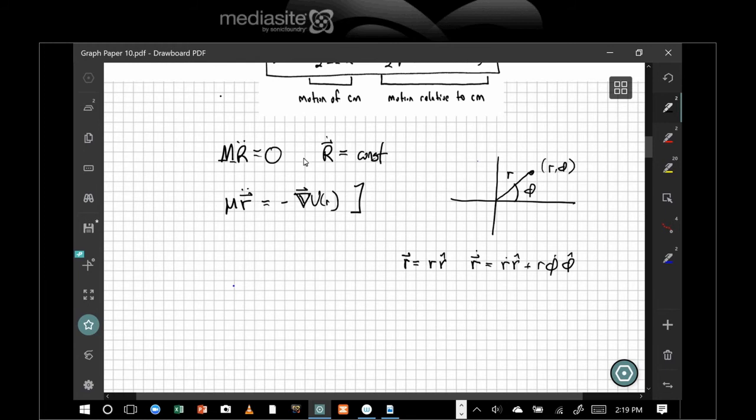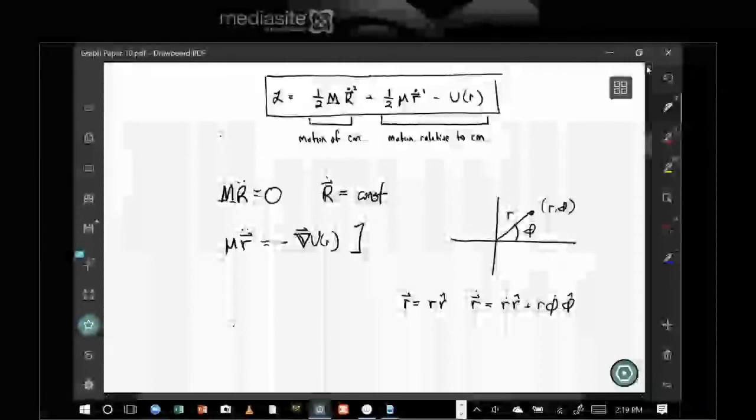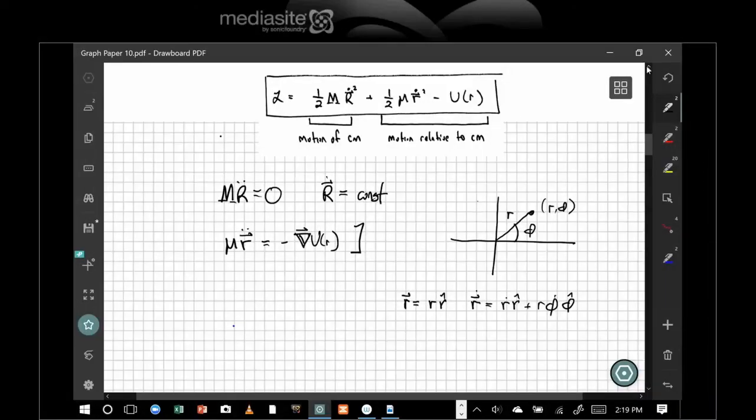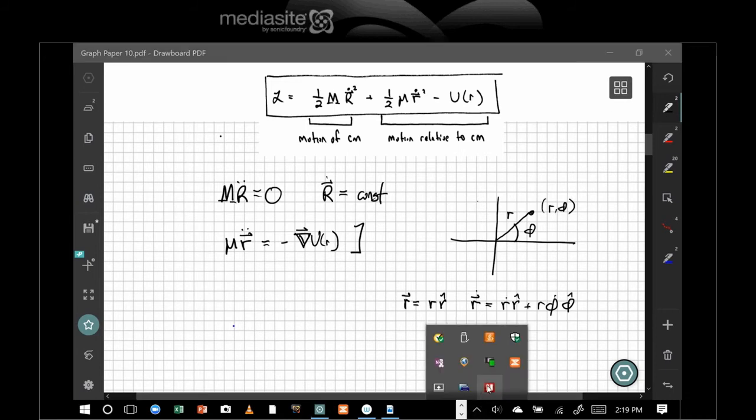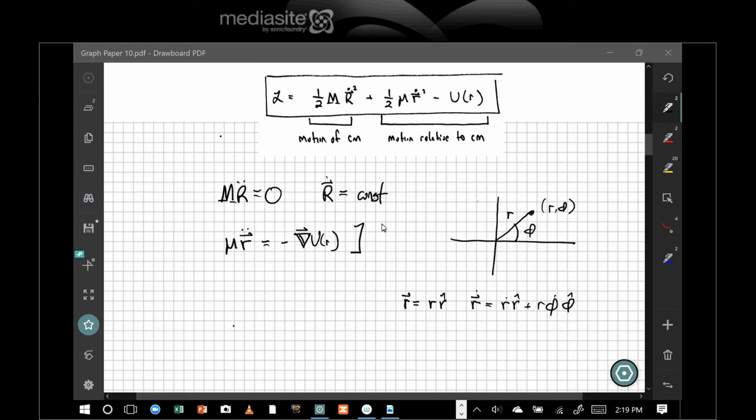And so then the position vector r, which is the same r that's here, is going to be equal to r r hat, and the velocity, r dot, is going to be r dot r hat plus r phi dot phi hat.